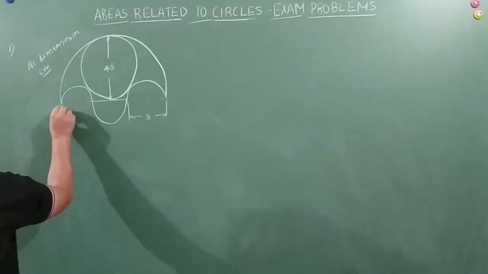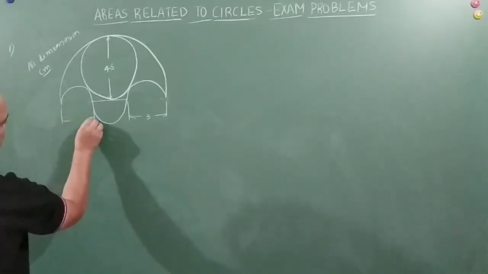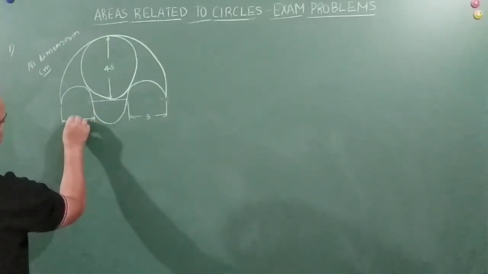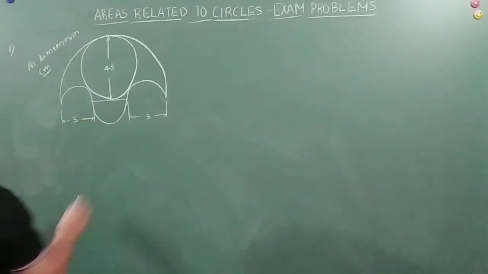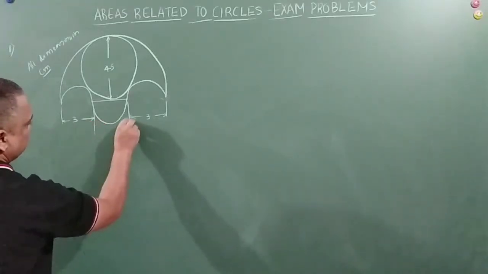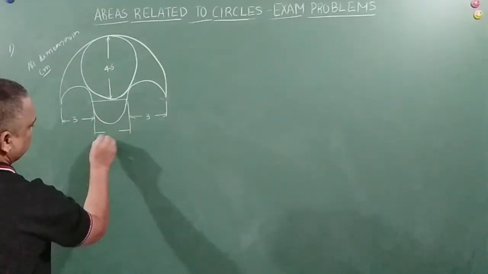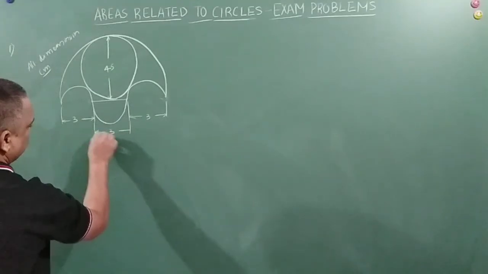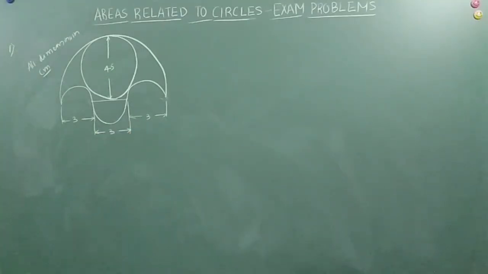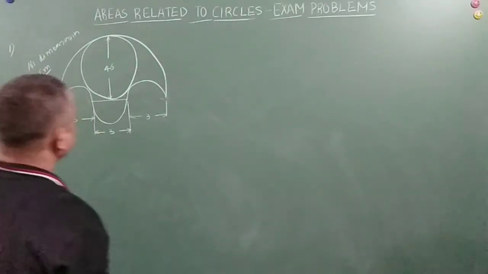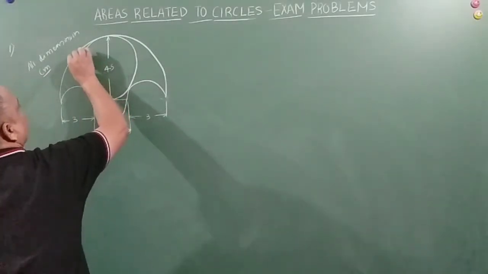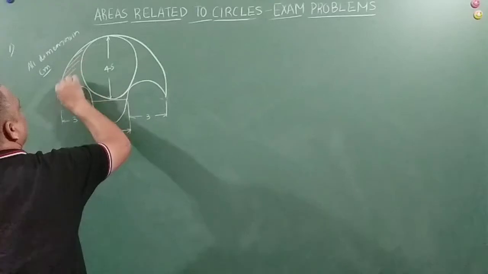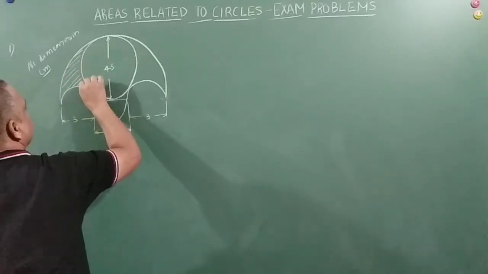This again is 3. This again is 3. Anything else given? Okay. Now we are required to find the area of the shaded region, and the shaded region is like this.